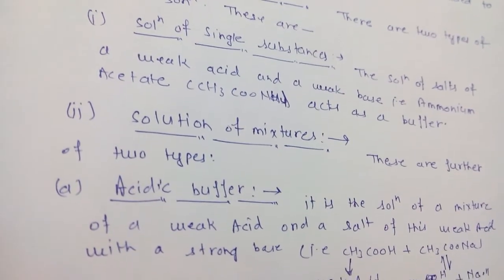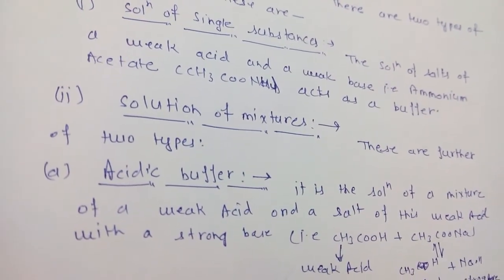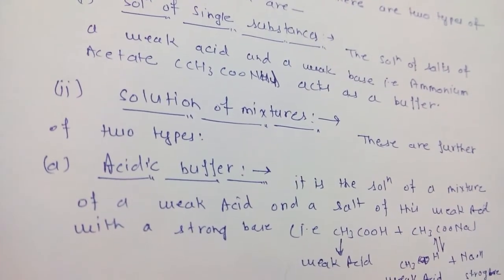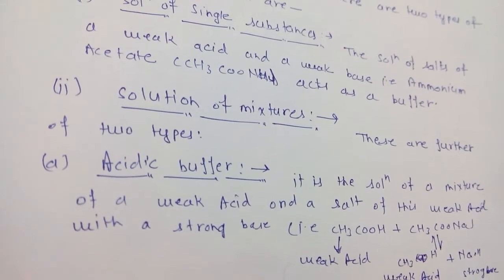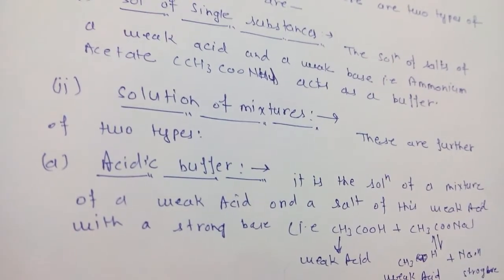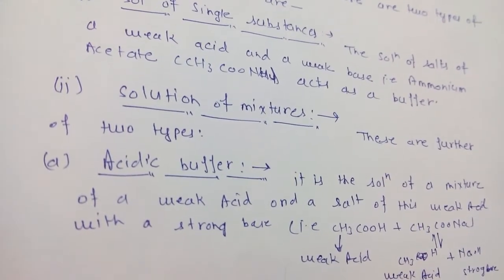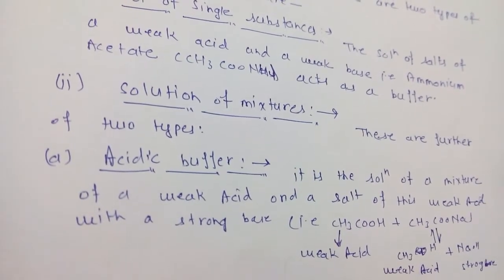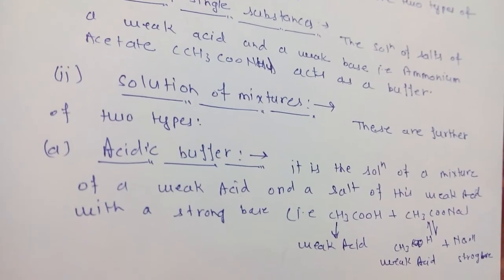Example, that is CH3COOH plus CH3COONa. CH3COOH is a weak acid and CH3COONa is a salt which is made by CH3COOH plus NaOH. CH3COOH is a weak acid and NaOH is a strong base.